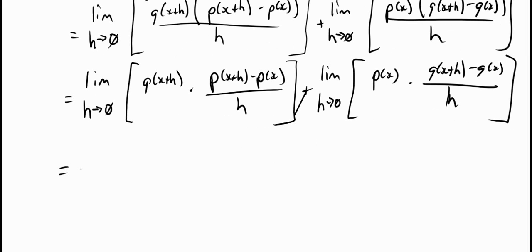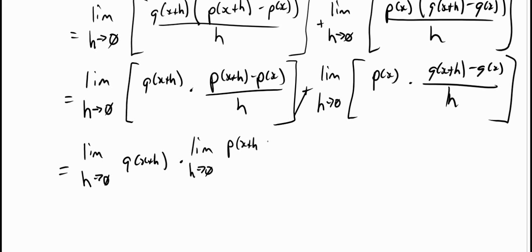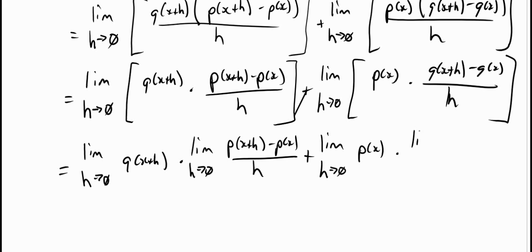And then from, I believe, limit property 5, similar to limit property 4 for summing, you look at the product, the limit property of products: the limit as h approaches 0 of q at x plus h, times the limit as h approaches 0 of p at x plus h minus p at x over h, times the limit as h approaches 0.